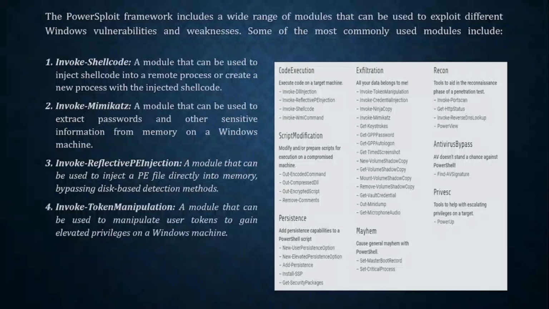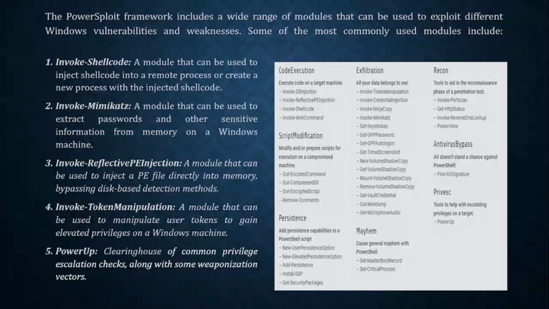Then we have Invoke-TokenManipulation, which can be used to manipulate user tokens to gain elevated privileges on a Windows machine. And then we have PowerUp, which falls under the category of privesc, which can be used by red teamers and hackers to check for privilege escalations along with some weaponization vectors.